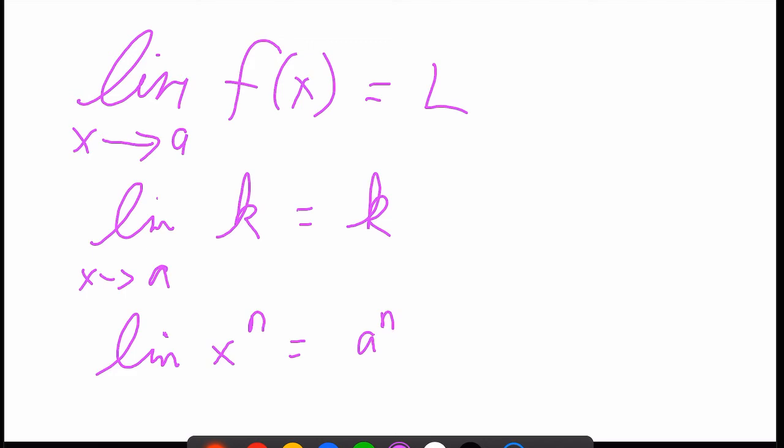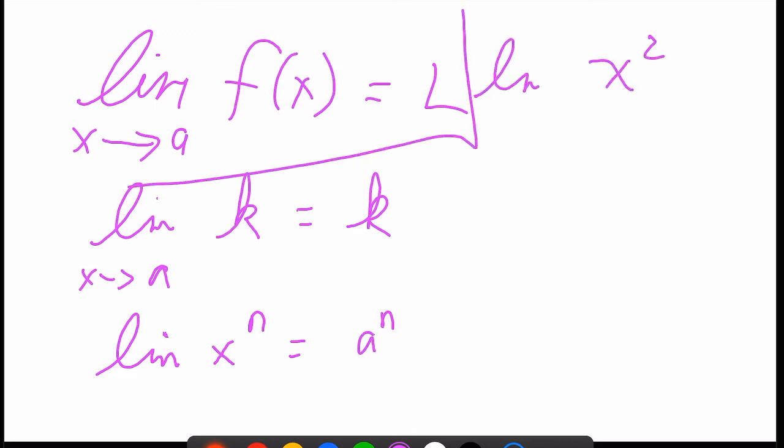And you're saying, if my function is x squared, and I want to find the limit as x goes to a of x squared, well, make that 3. The limit as x approaches 3 of x squared, I'm going to put 3 in for it, and I'm going to get 9. Right? Equals 9.